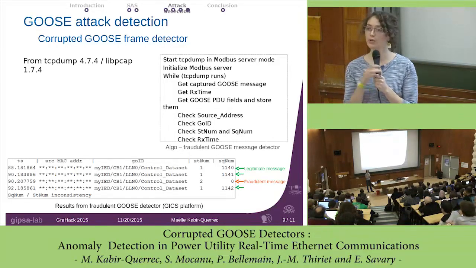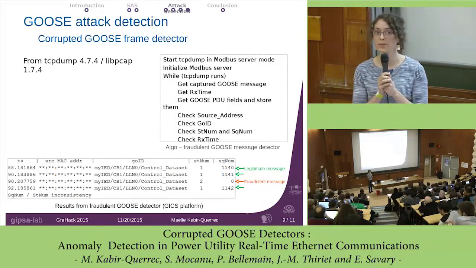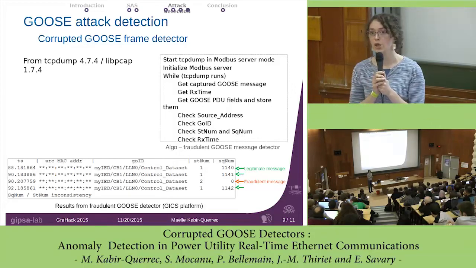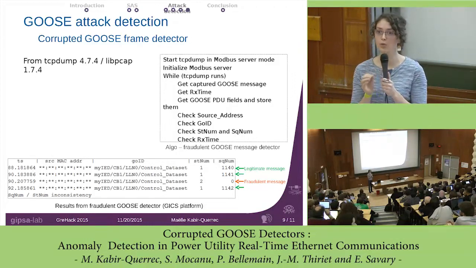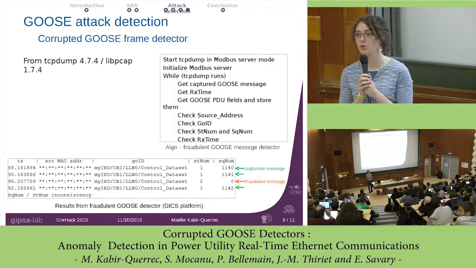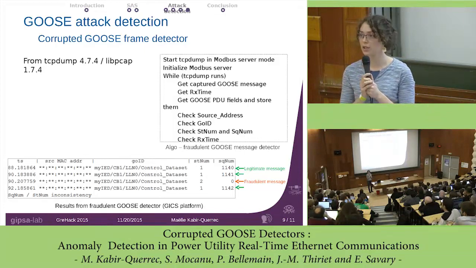When you configure your whole system, you generate a configuration file describing the system, its communication architecture, who is supposed to communicate with whom, what kind of messages will be sent, etc. It's very precise, so we can use it to define what is acceptable in terms of communication in your system.